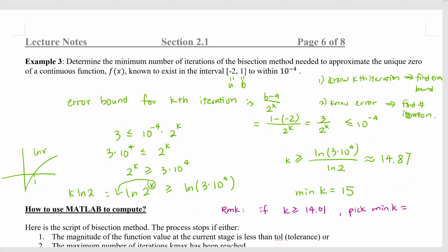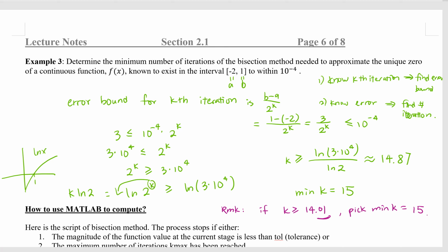So this is not like round up or round down. You must round up. If k is greater than or equal to 14.01, then we still need to pick k is 15. Is that okay, everybody? Yes. So always round up, as long as we have some non-zero digits here, we always round up.